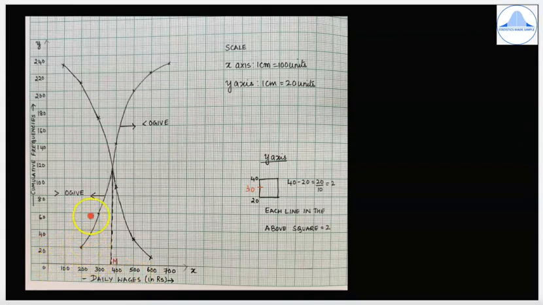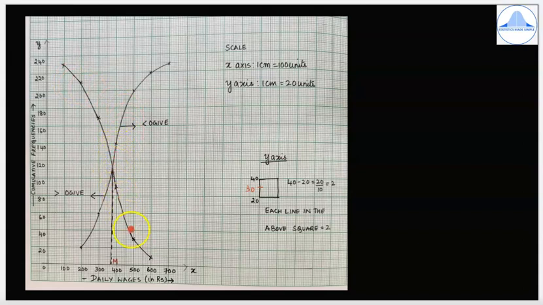Now to draw the less than ogive. So you have to make use of the upper limit 200, then mark it with the corresponding less than CF, that is 20. Then 300 is plotted against 60. 400 is plotted against the value 140.